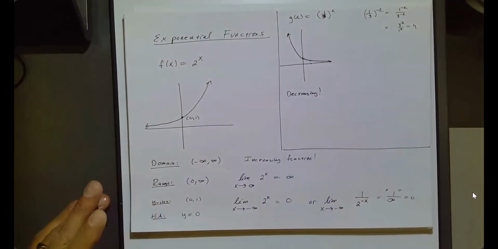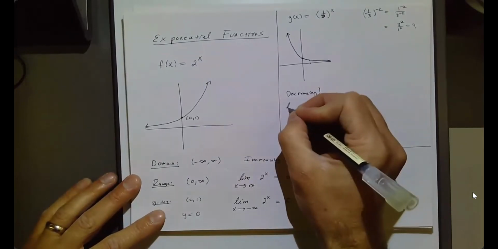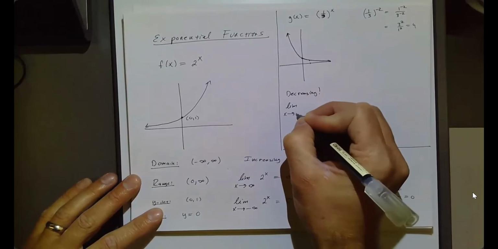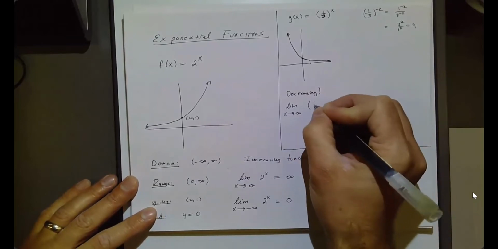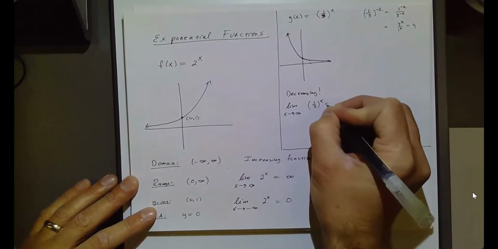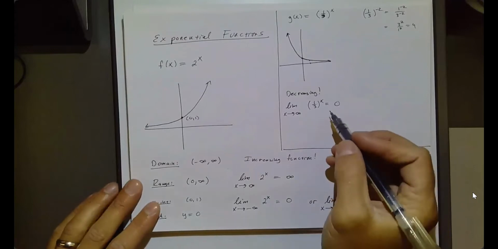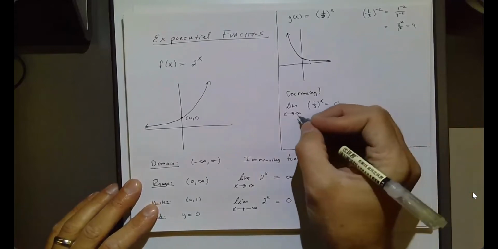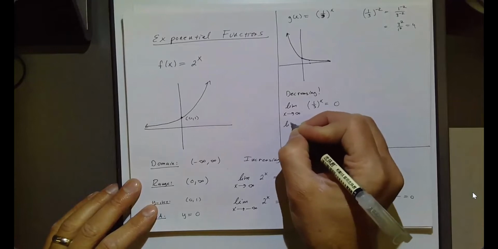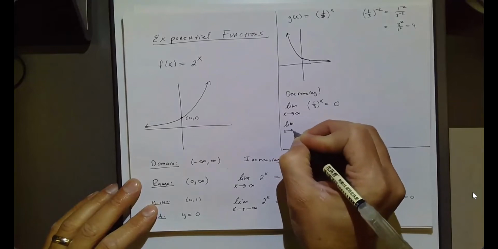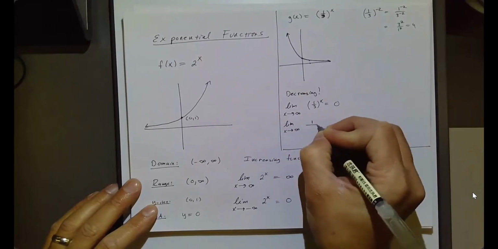This function has almost all the same features as the previous one, with a couple exceptions. This is a decreasing function. And the limits to the left and the right are kind of flipped, meaning the limit as x goes to infinity of 1/3 to the x is going to be 0. Because as x gets larger and larger and larger, our denominator is going to get larger and larger. You could also, if you prefer, write this as the limit as x goes to infinity of 1/3 to the x.